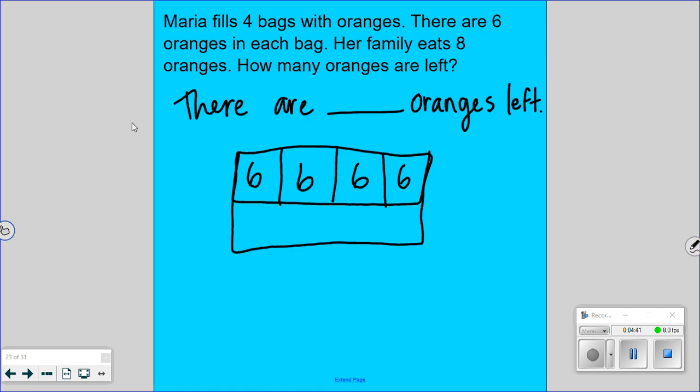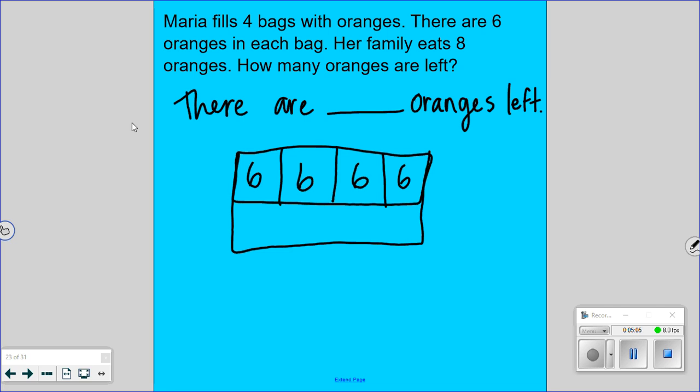So I don't want the number. I want to model what happened. Avery? Could you figure out that answer and then subtract 8 from that answer? How am I going to model it is what I want to know.